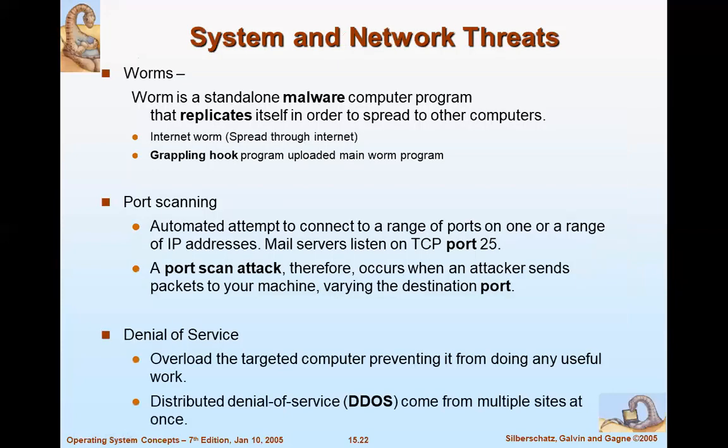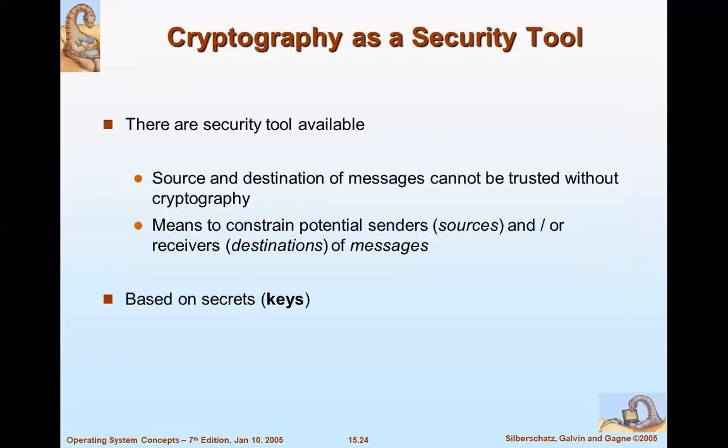So here is the solution: cryptography as a security tool. You can use cryptography. There are security tools available in the system. Source and destination of messages cannot be trusted without cryptography.